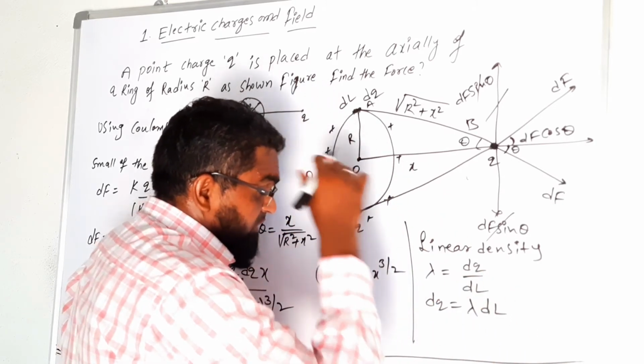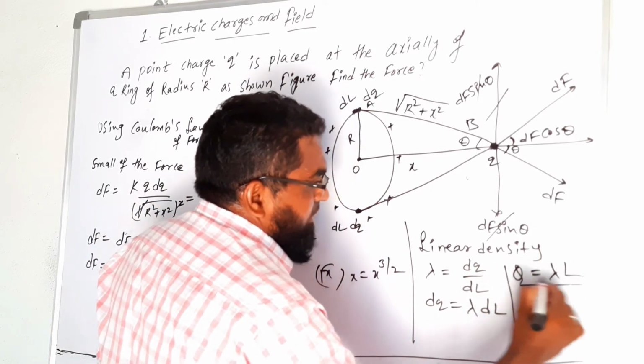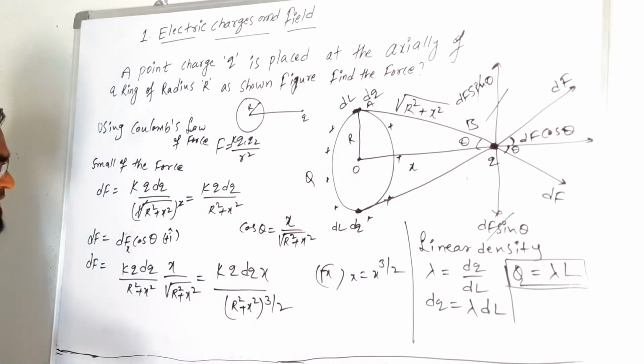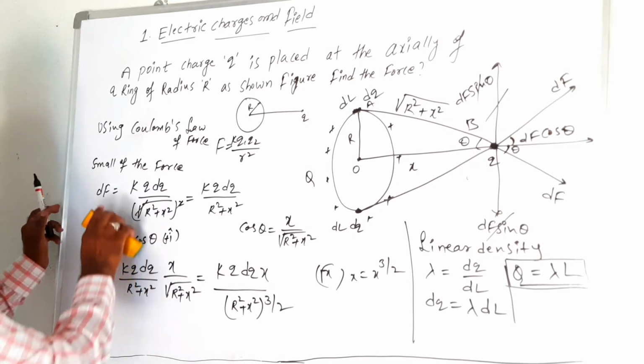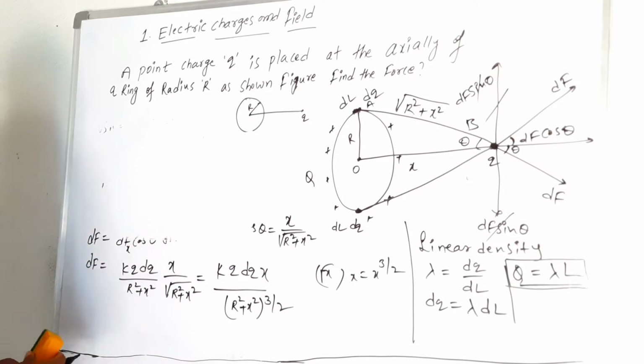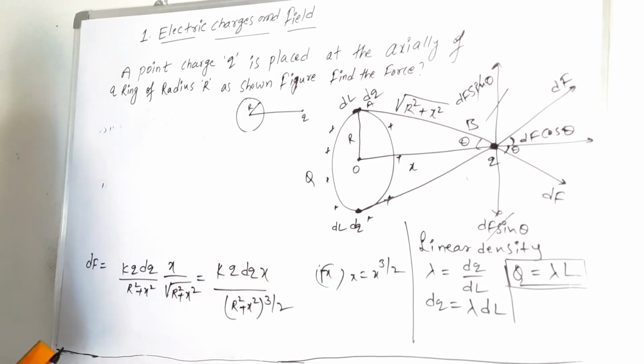For the total charge, Q equals lambda into l. This is also an important note: Q equals lambda into l. Copy this one step by one step. Up to here, clear? Okay, next.